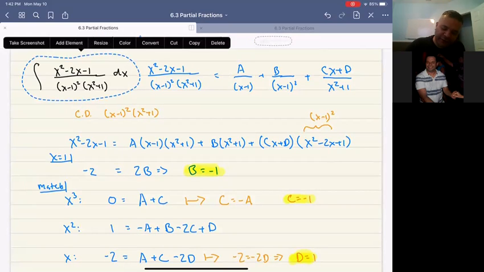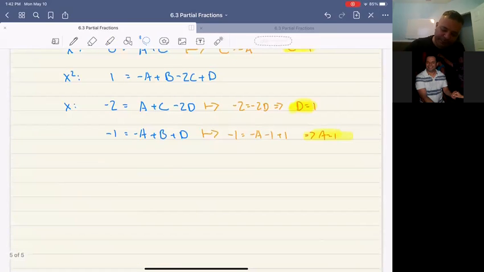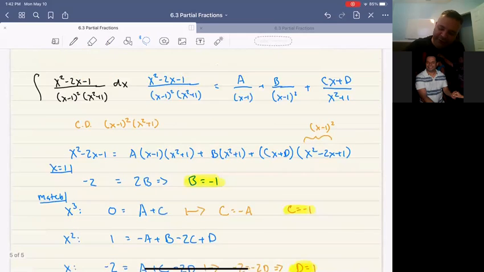So now our integral becomes, remember, we're integrating a, we're doing it this way.